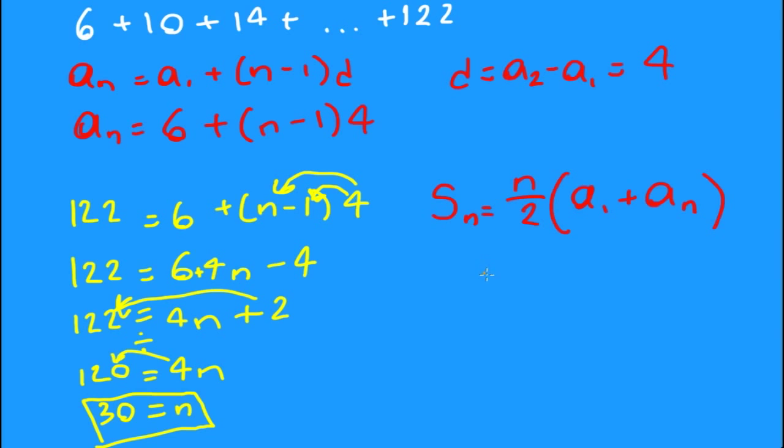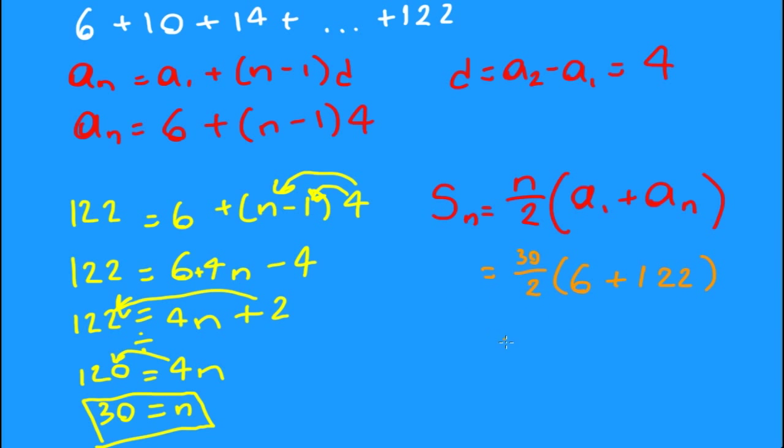So our Sn is going to be equal to n, which is 30, so 30 over 2 times our first term, which is 6, plus our last term, which is 122. It's the one that we used.